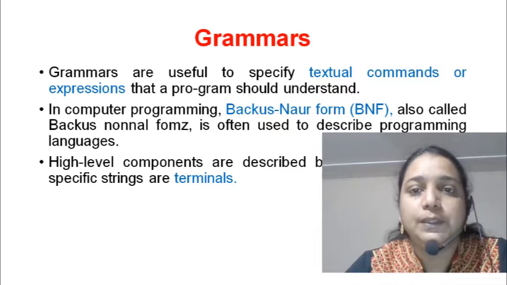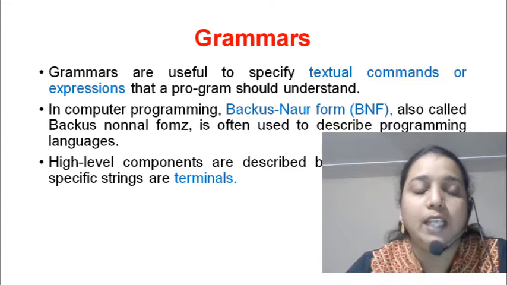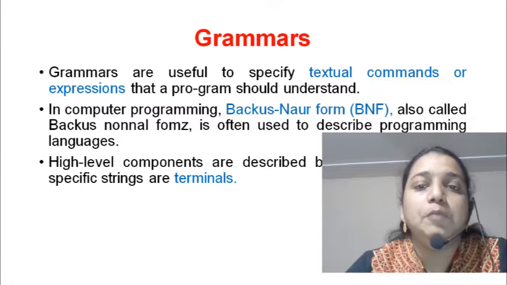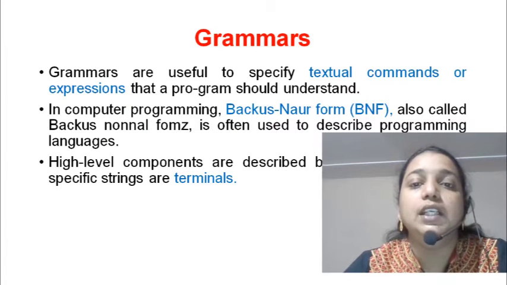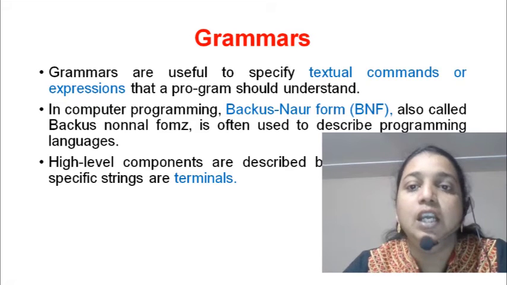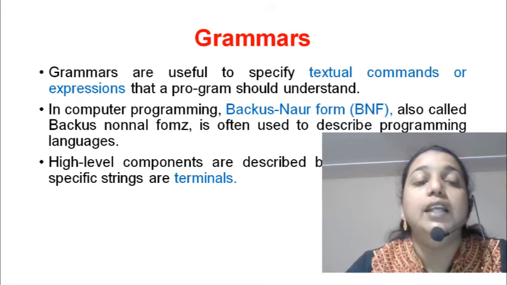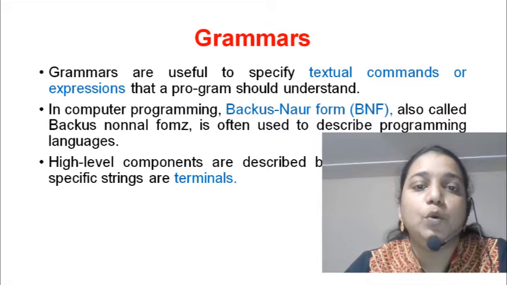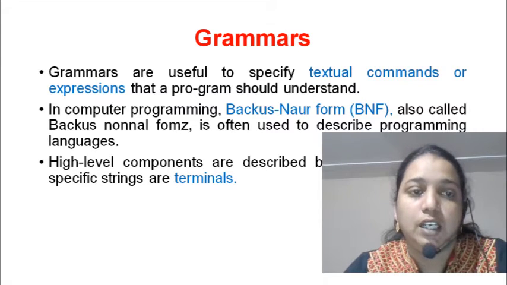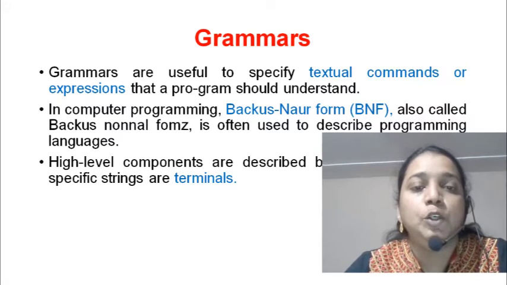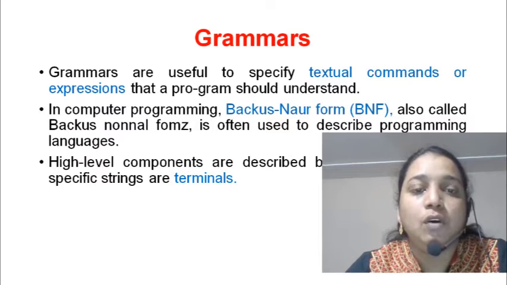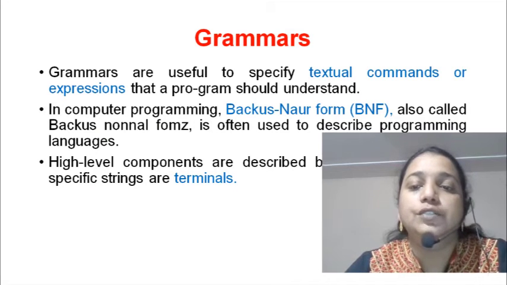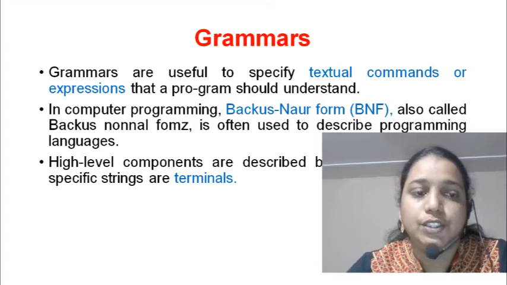Grammars are useful for specifying textual commands or expressions that a program should understand. What is a grammar? A grammar is meant for specifying textual commands and expressions that a program should understand. In computer programming, Backus normal form is often used for describing programming languages.